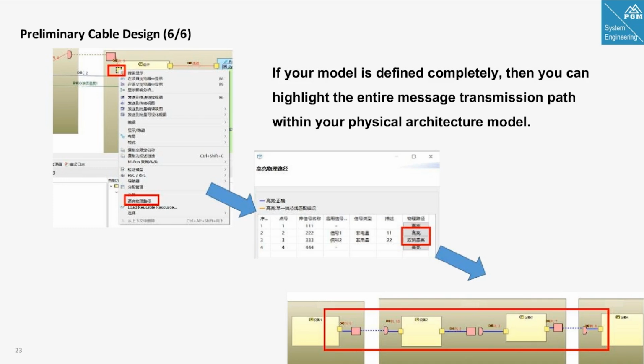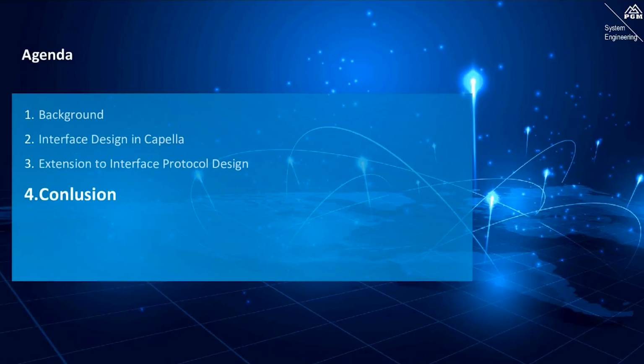Then we can check if the entire message transmission path is correct or if it is broken. Is there any breakpoint? We can check it by engineers, or we can check it by the tool using predefined rules. So it will make the interface design a lot easier. So that's the introduction of our extension.